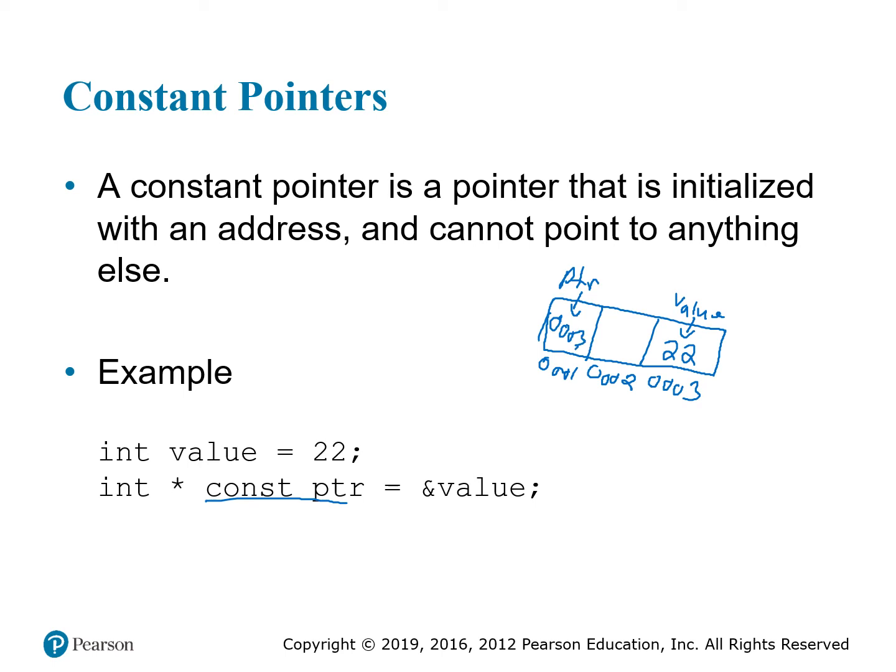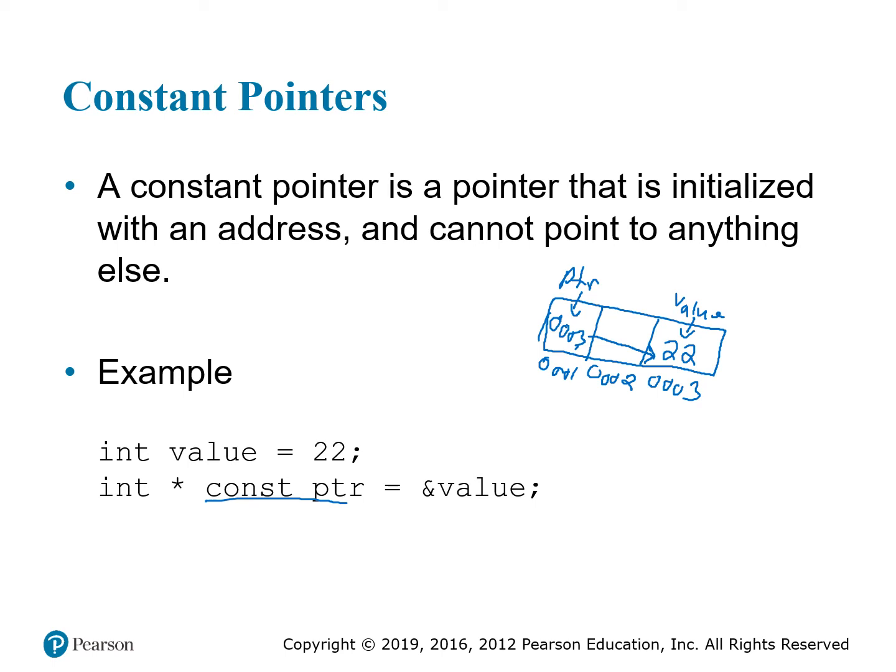And because we made it a const pointer, it will always point to that box right there. You cannot say pointer plus plus or anything like that. That pointer is constant.